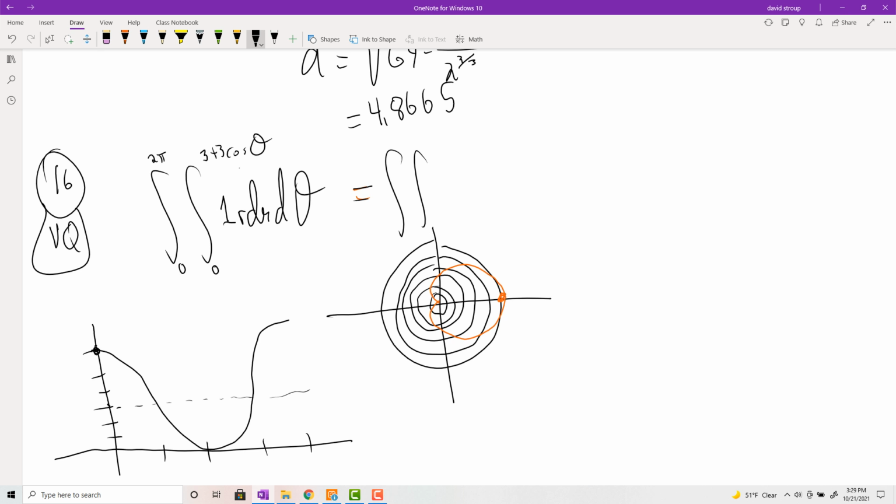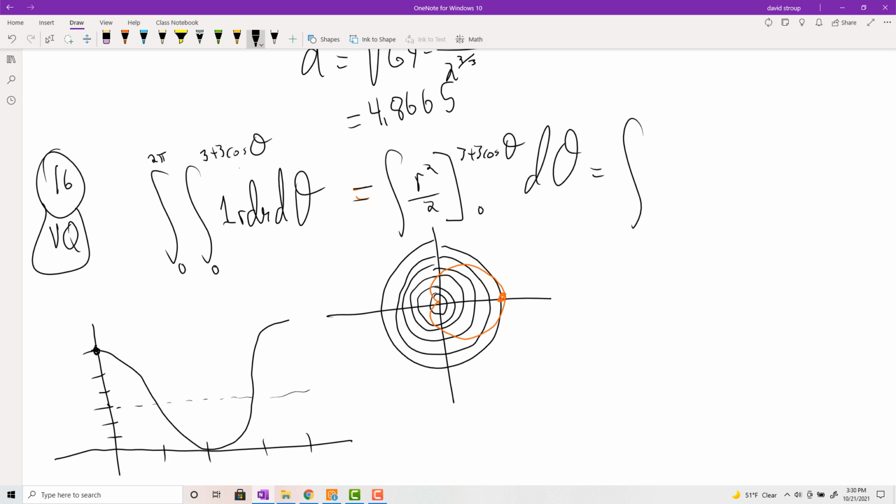It is weird. But anyways, you're integrating first with respect to r, so that would be r squared over 2, from 0 to 3 plus 3 cosine theta, d theta. That's going to be a bit annoying, but we can do it.